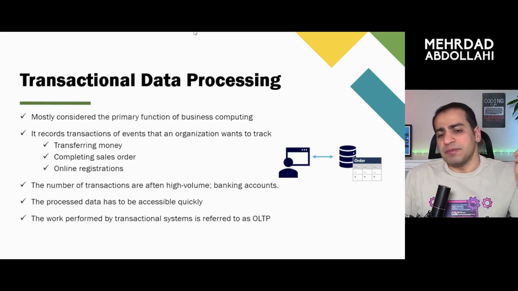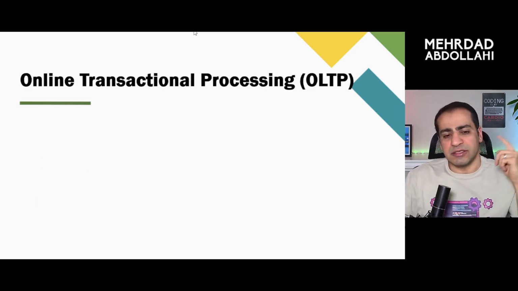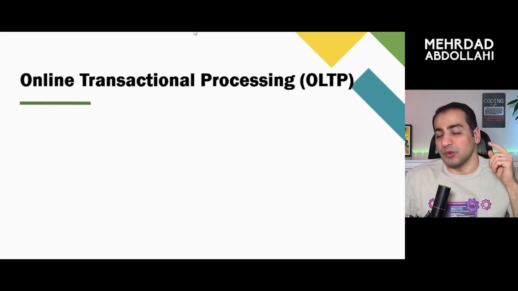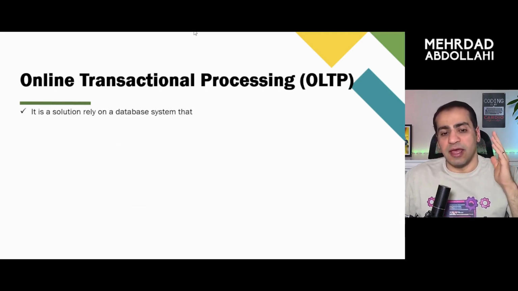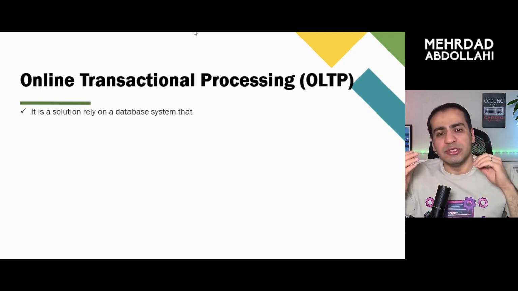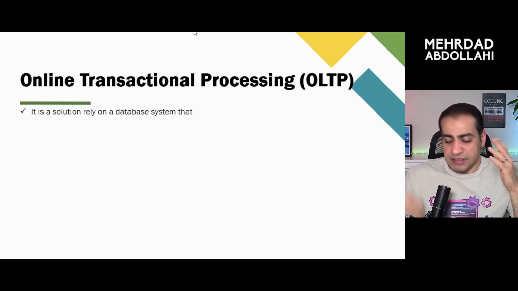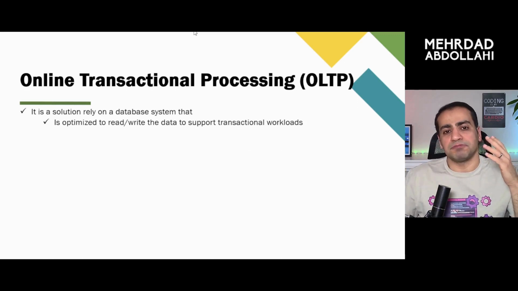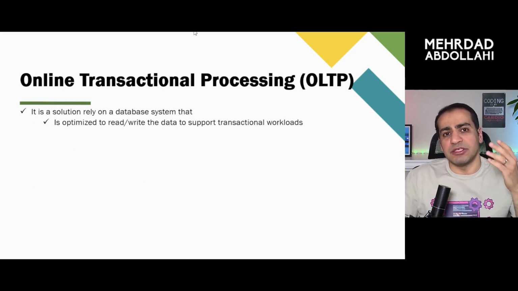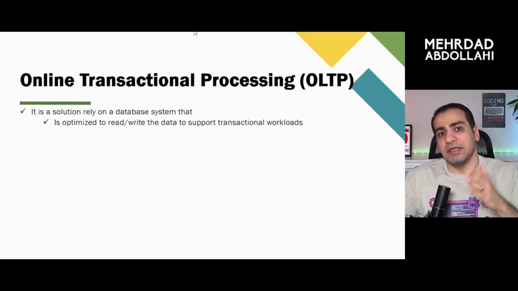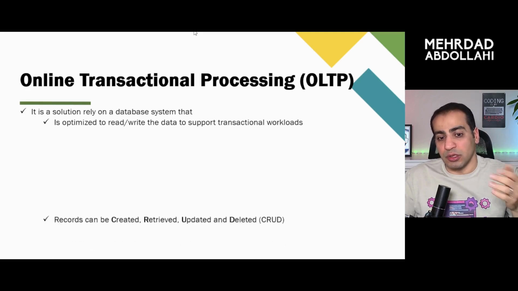What is OLTP? Let's jump into the next slide, which talks about OLTP, online transactional processing. It is a solution that relies on a database system optimized for reading and writing transactional data to support transactional workloads.